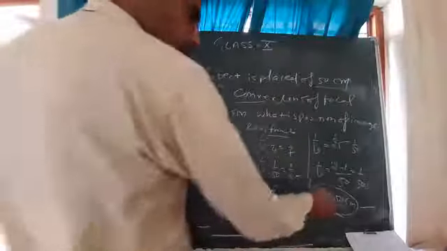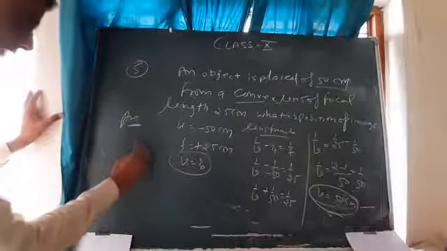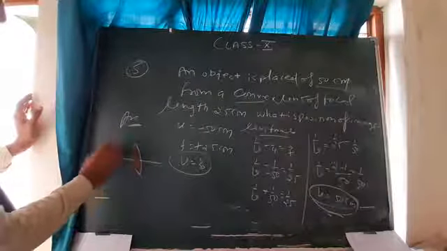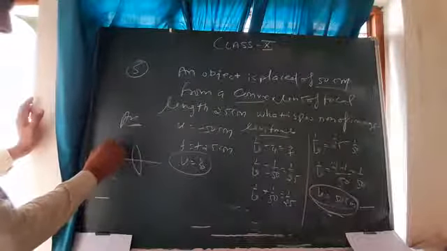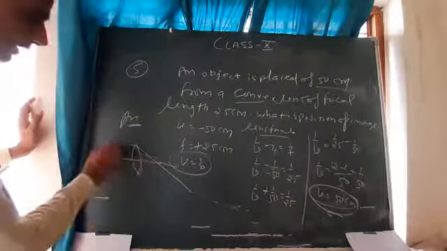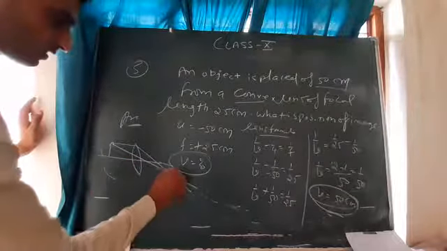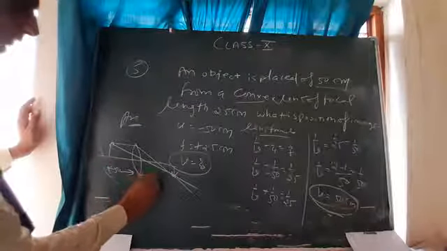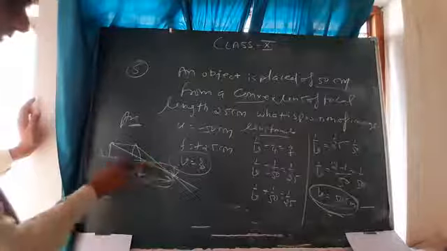So this is the position of the image, and the image is placed on the right side. If this is the lens and the object is placed at 50 centimeter in front of the lens, then by the diagram you can see the position of the object is 50 centimeter and the position of the image is also 50 centimeter.